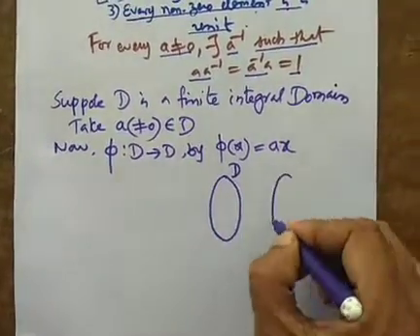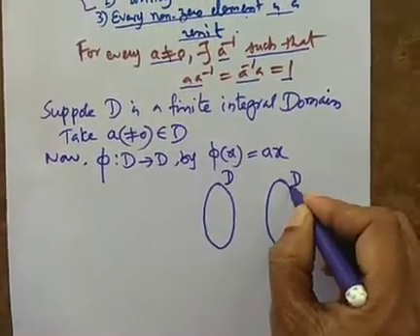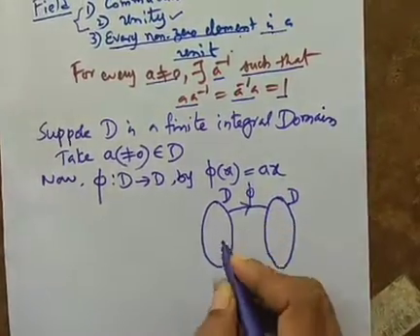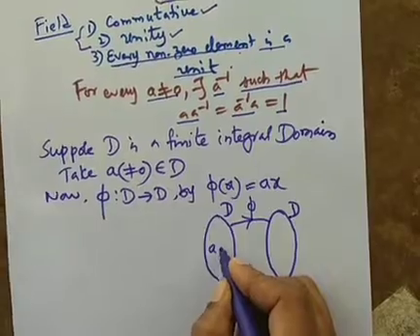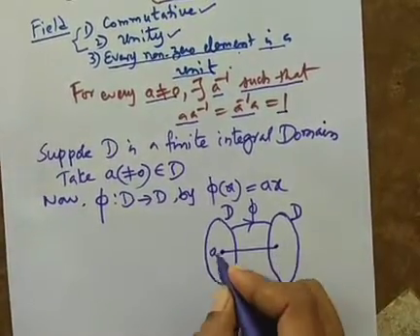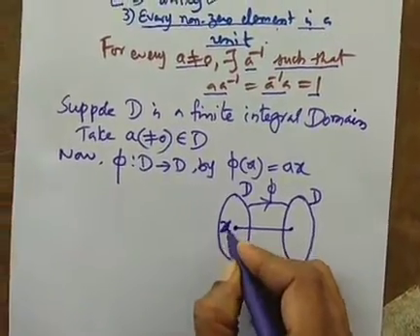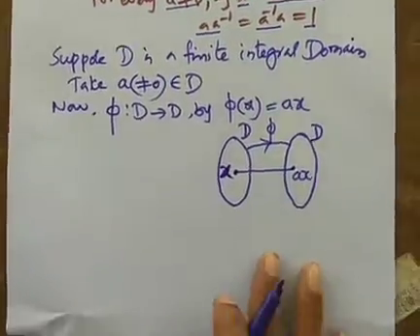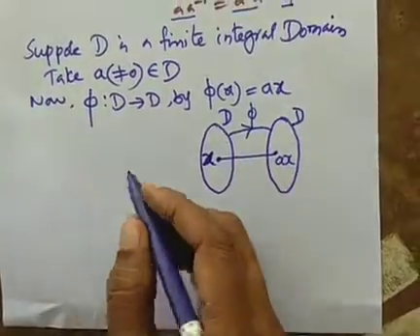Suppose this is the integral domain D and this is D. We define a function pi from D to D with the formula pi of x = ax.